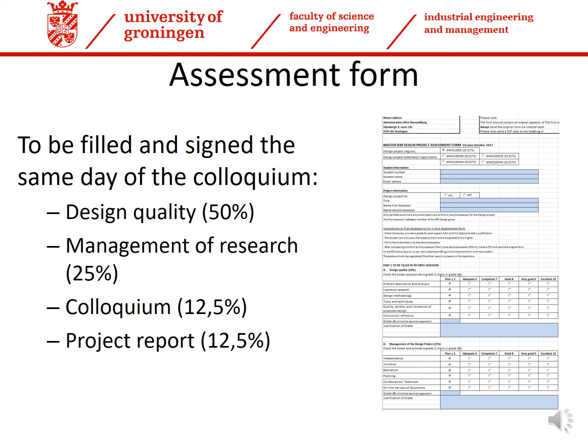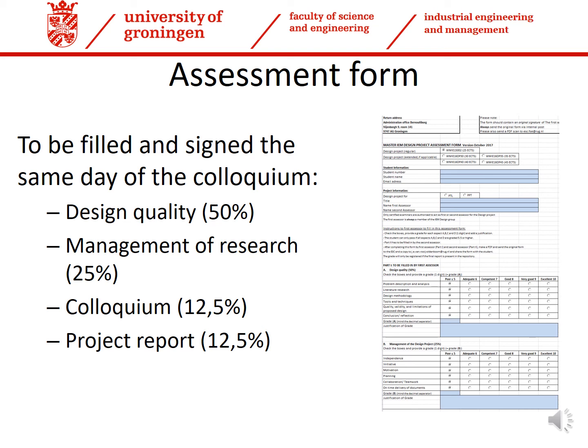But also in the design quality, it's about validity. It's about the literature that you have used. It's about the problem analysis, and it's about your concluding remarks, right? So what is the quality of your artifact, how you have validated this artifact in the context of the organization, and how academically strong is such an artifact. 50% of your grading comes out of this.